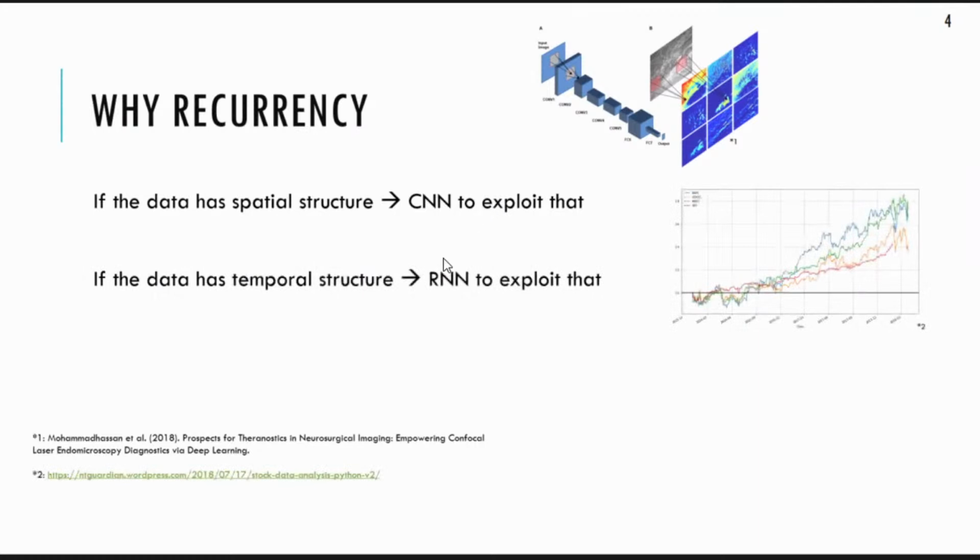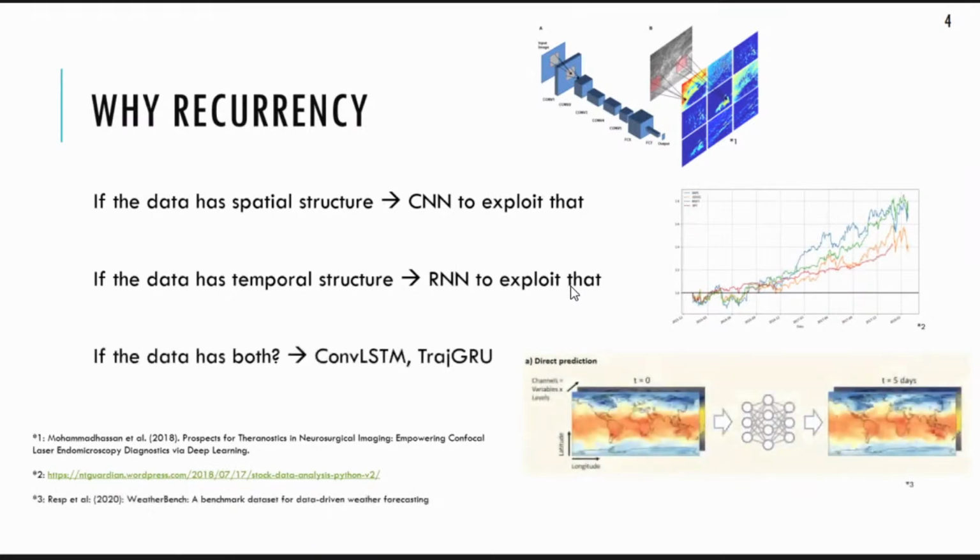There's something similar for temporal structure, which is called RNNs, recurrent neural networks, which has the ability to look at previous time steps and use this information to maybe make predictions in the future or extract other features from these time steps. And then there is something that combines both of these ideas.